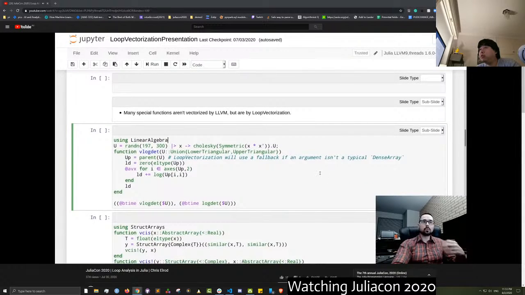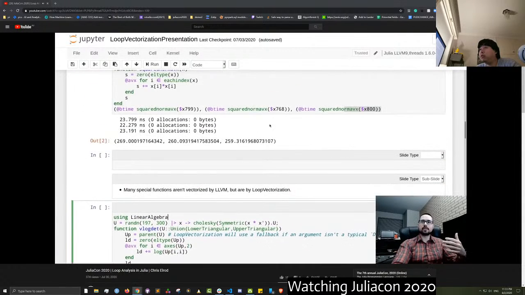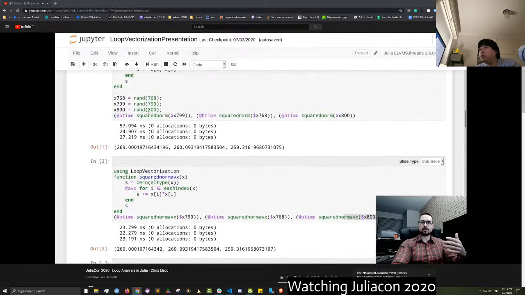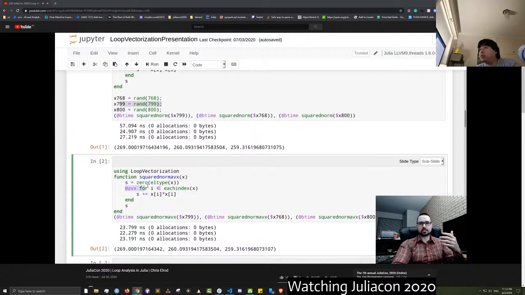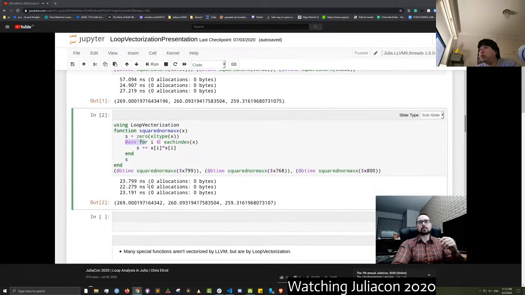So when you have loops that are likely to be dominated by this remainder calculation, which is more severe the shorter your loops are, that would likely be a place where using loop vectorization and AVX is going to be profitable.